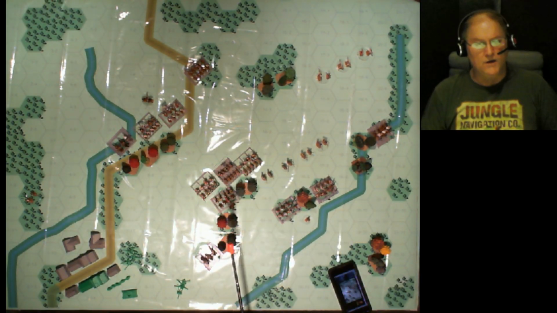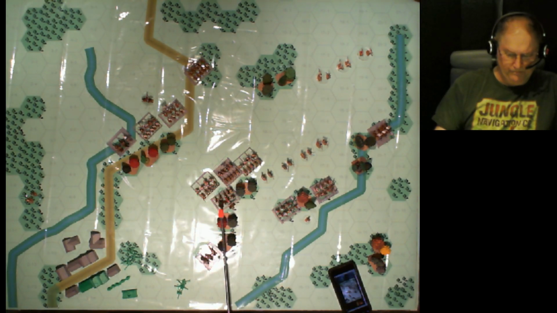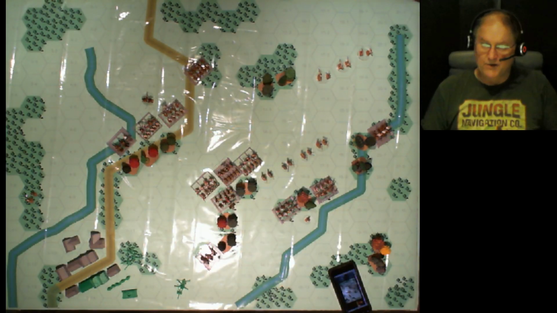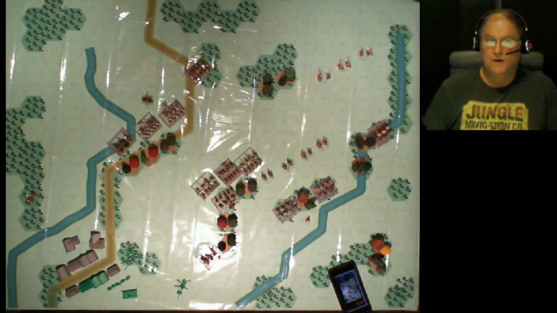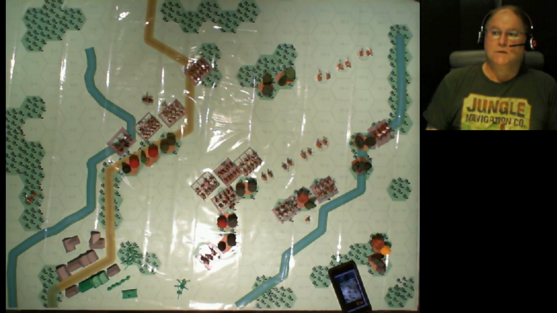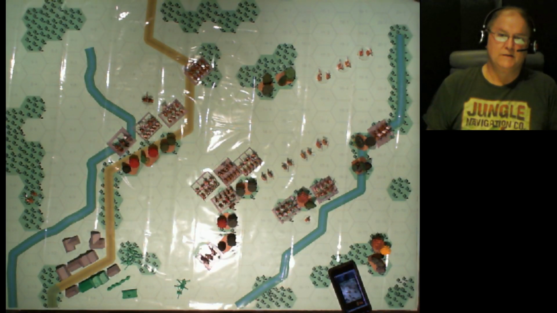Now, interesting, right? The Roman unit is in a forest. Now, I understand you think, oh, that's cover. Well, against missiles, yes. But against combat, well, we don't really know. I mean, in melee, we can't really say for certain if a forest has any benefit.